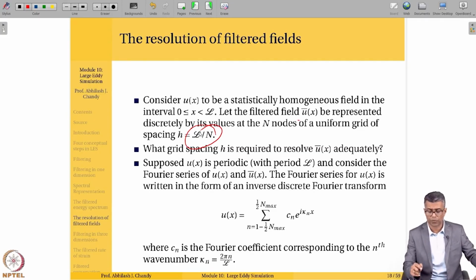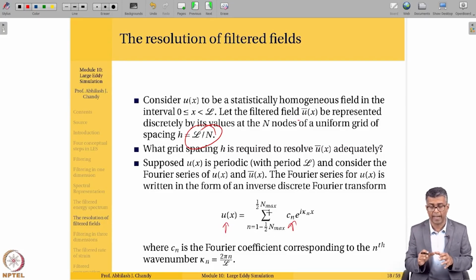Now the Fourier series for u of x is written as an inverse discrete Fourier transform. So u of x is the summation of C_n times e to the i kappa_n x, where C_n is the Fourier mode corresponding to u of x, right? And this is summed from n equal to 1 minus half n max to half n max.